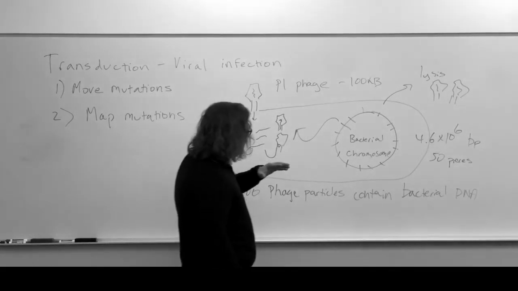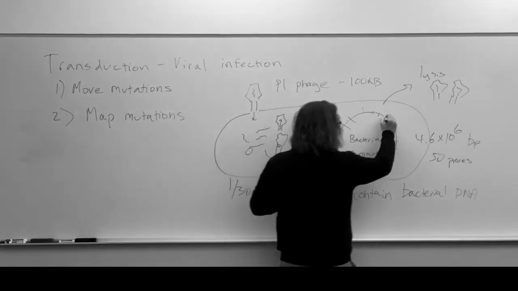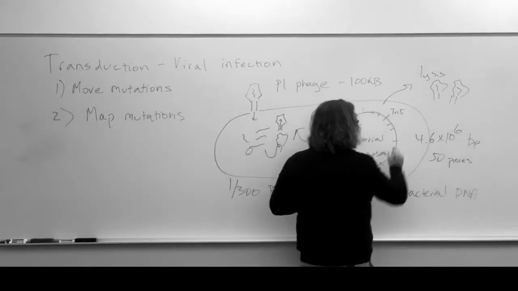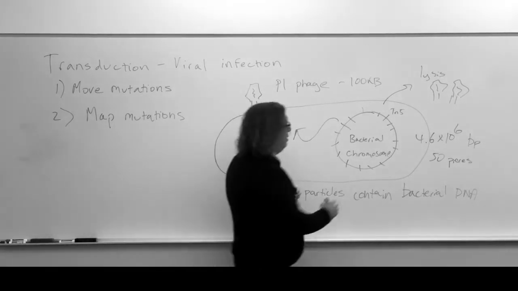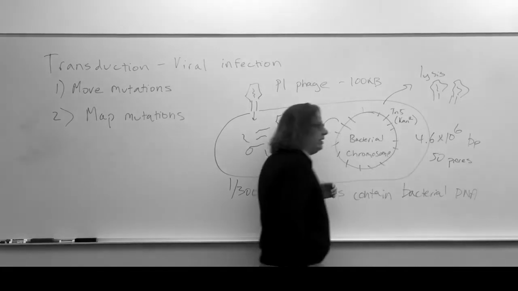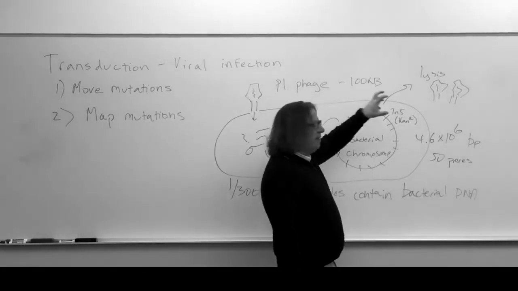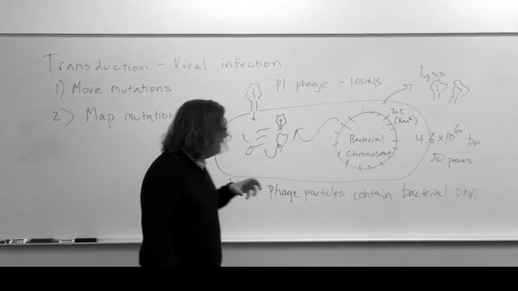And so say we had a TN5 insertion somewhere in this bacterial chromosome. Here we have TN5. Remember, TN5 generally has a resistance gene like kanamycin resistance. So we have this 5 kilobase TN5 plus kanamycin resistance.